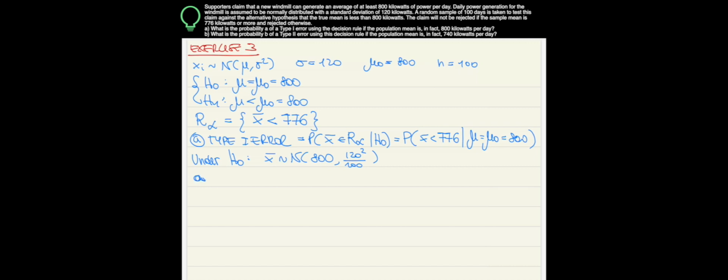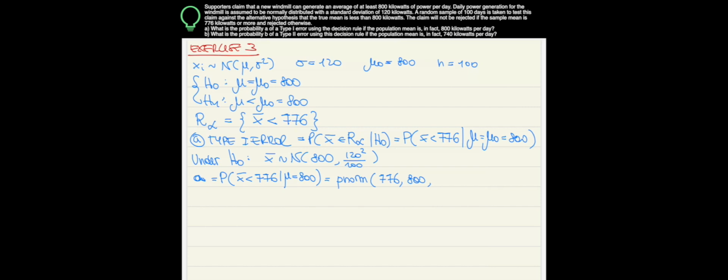The probability for x bar to be lower than 776, knowing that mu is equal to 800, is rather easy. It's just like the probability of a normal distribution to be lower than 776, specifying its mean and a standard deviation.